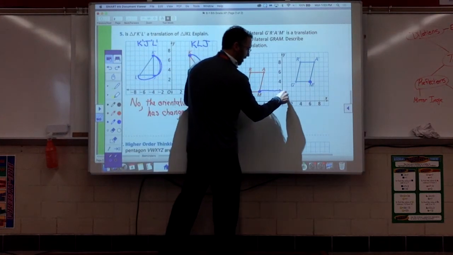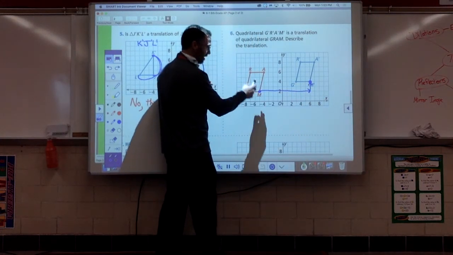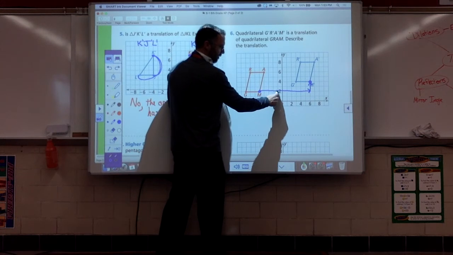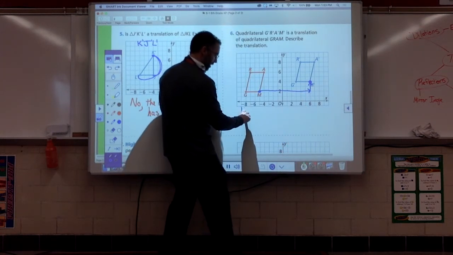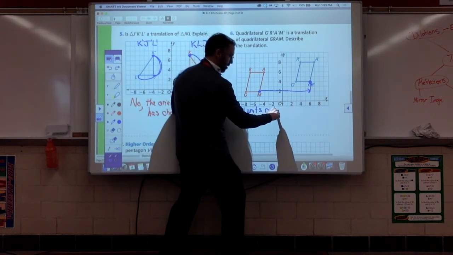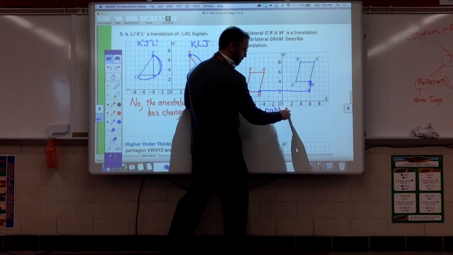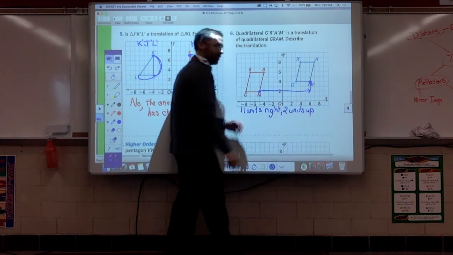How far to the right and how far up? Well, we got to count. 1, 2, 3, 4, 5, 6, 7, 8, 9, 10, 11. So 11 units right. And then how many units up? 2 units up.